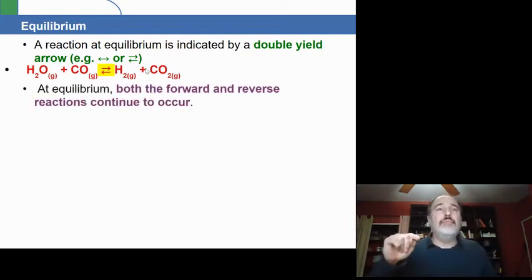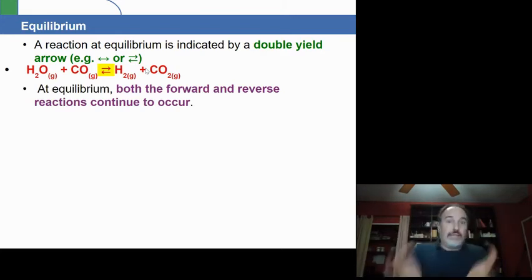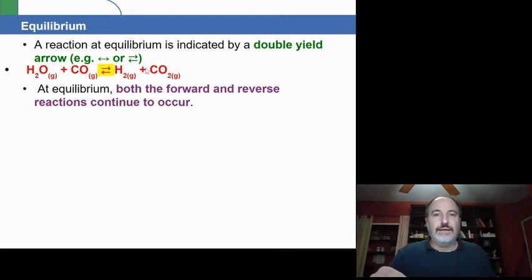Now, another thing to keep in mind, and this is something that people don't quite get sometimes: at equilibrium, both the forward and reverse reactions continue to occur. Even though from the outside they look like they've stopped, they haven't. They are still occurring. All right.